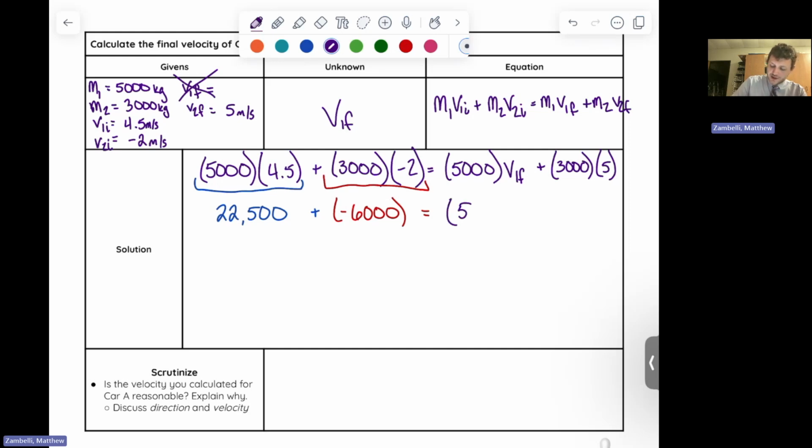Remember, we can't touch this because it has a variable, so we're just going to leave it alone. It doesn't get used until the very end. And then last but not least, 3,000 times 5, so we get plus 15,000.